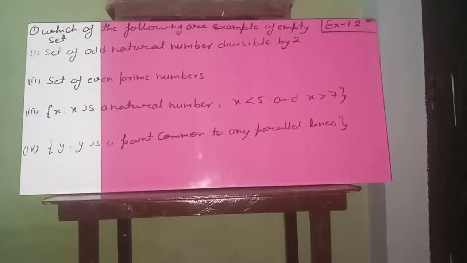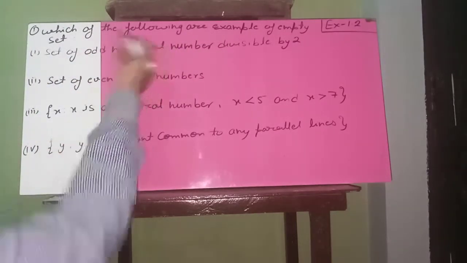Now after that I take exercise 1.2. Question number 1 says: which of the following are examples of the empty set? First is the set of odd natural numbers divisible by 2. So is that empty or not?